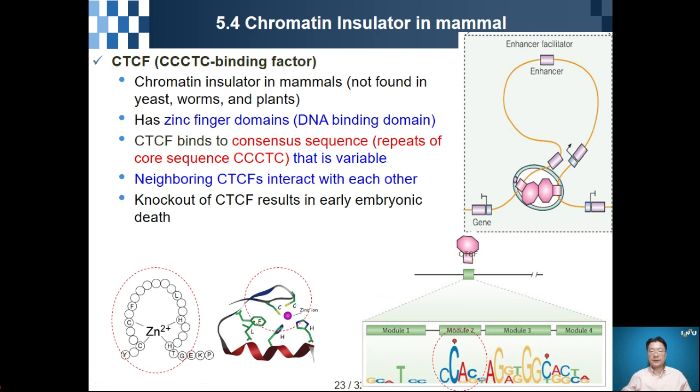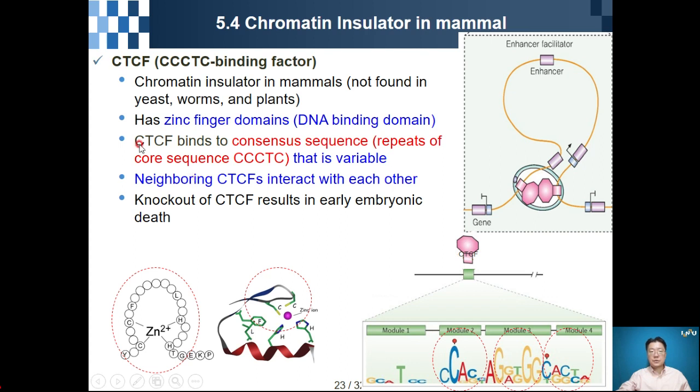Another consensus sequence is GGTGG. Another variant is CACTCA, like this.